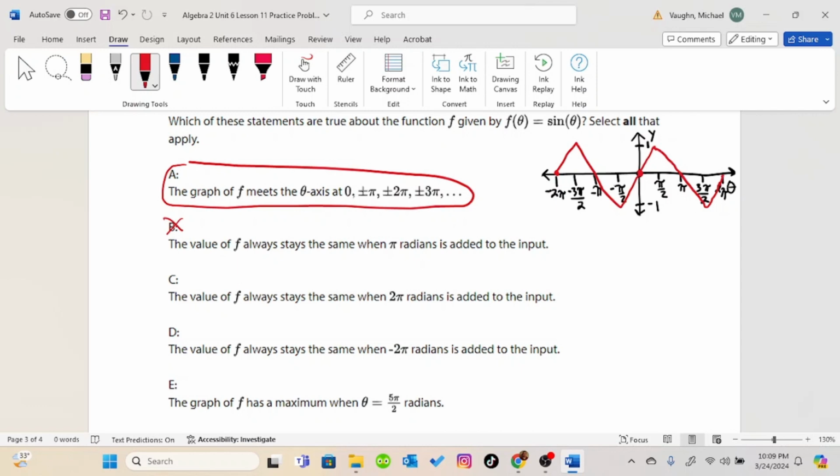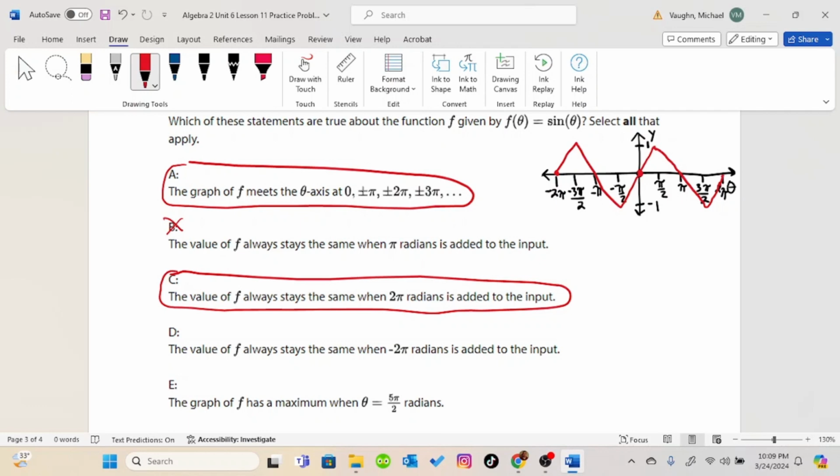If I go from negative 3 pi over 2 to positive pi over 2, my value stays the same. And down at the bottom, if I go from negative pi over 2 to positive 3 pi over 2, my value stays the same. So C is correct. The period for the sine function is 2 pi. So you're always right back at the same point with the same value.